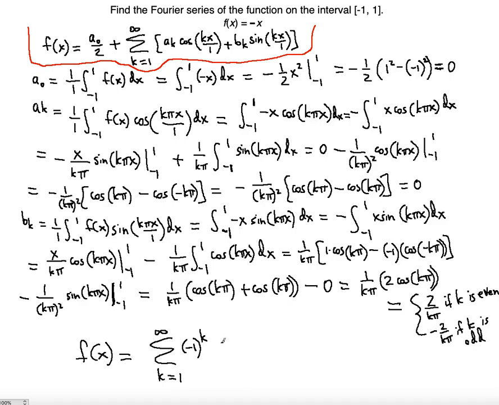Right? So then we have 2 over k pi, and then that will multiply the sine of kx, right? And don't forget the bracket, because this whole thing will be under the summation. And I'm not writing the 1 over 1 because that's the same thing, right? But I forgot the k pi x in the beginning.